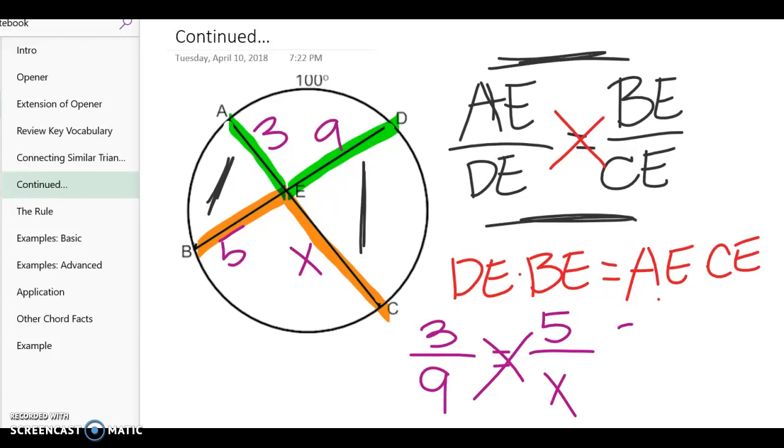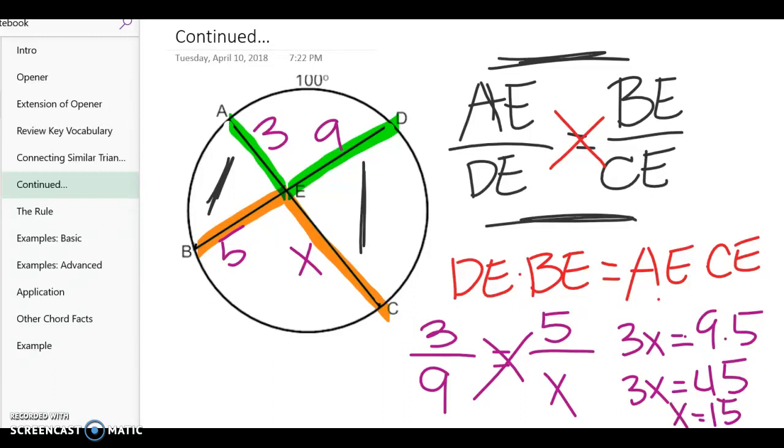So 3 times X is 3X, and that has to equal 9 times 5. Well, we all know that 9 times 5 is 45, and 45 divided by 3, what, if I multiply it by 3, gives me 45, so X is equal to 15. So that's how I can solve it.